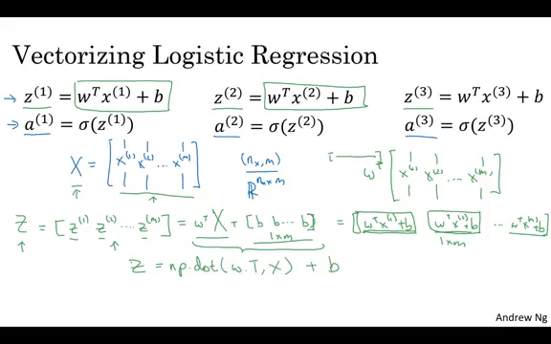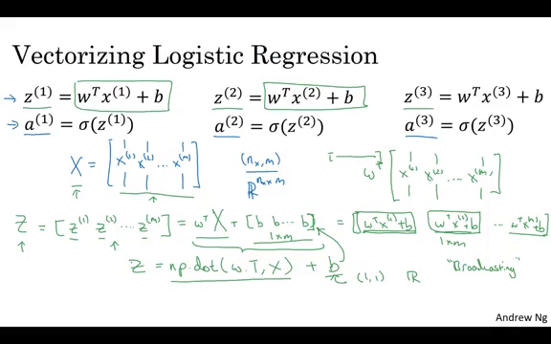Now, there is a subtlety in Python, which is that here, b is a real number, or if you want, a 1-by-1 matrix, so it's just a normal real number. But when you add this vector to this real number, Python automatically takes this real number b and expands it out to this 1-by-m row vector. So in case this operation seems a little bit mysterious, this is called broadcasting in Python, and you don't have to worry about it for now. We'll talk about it some more in the next video.